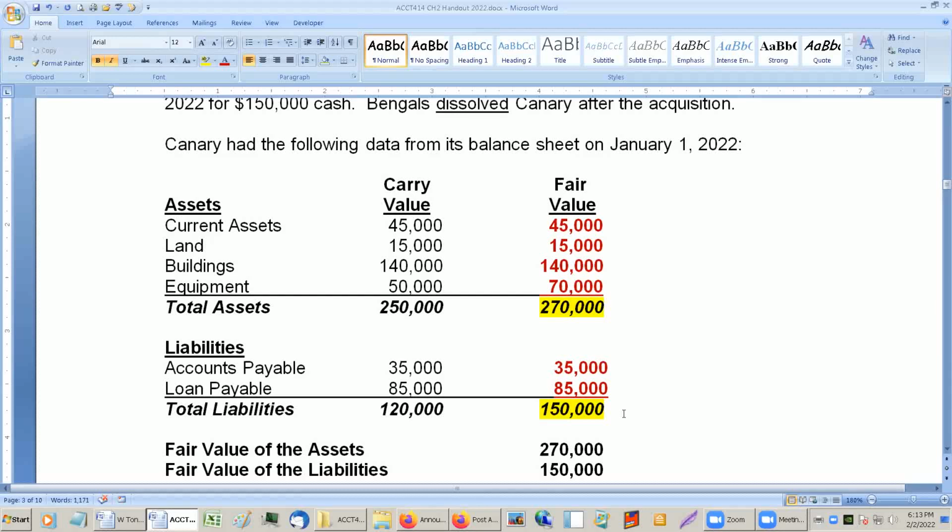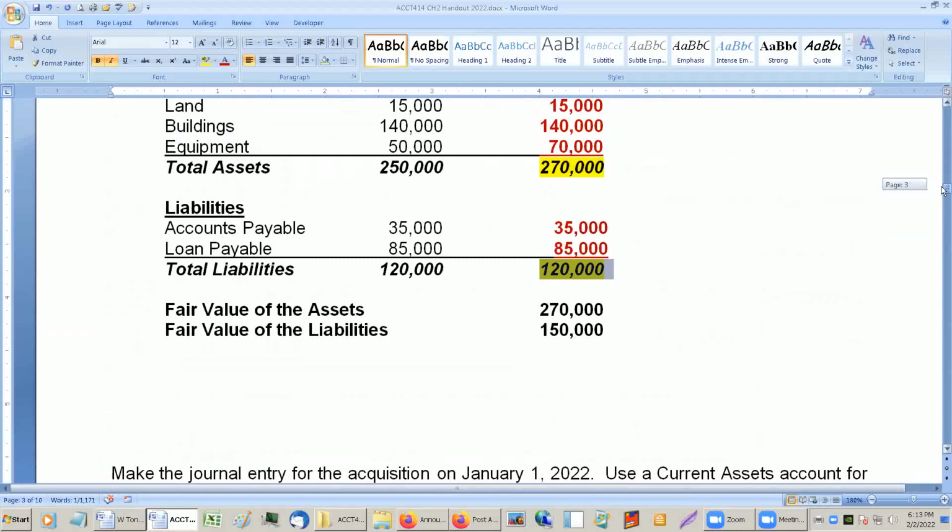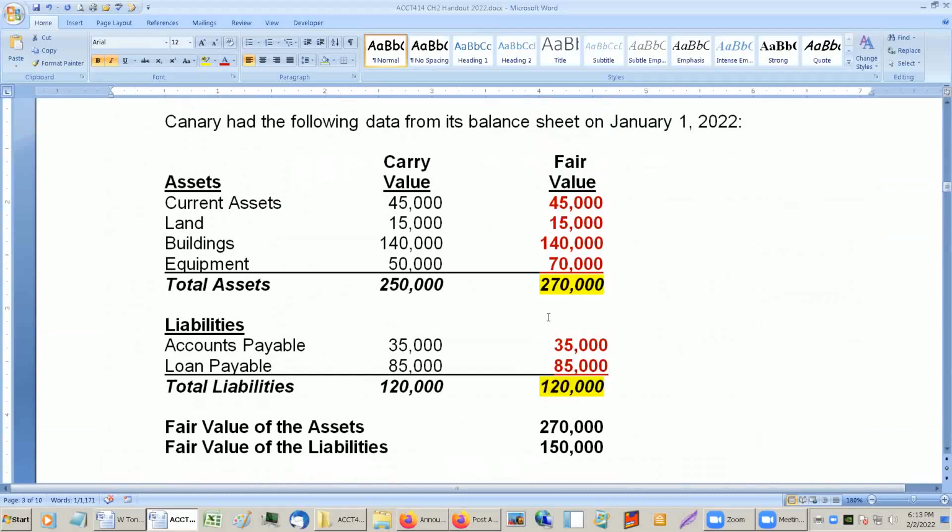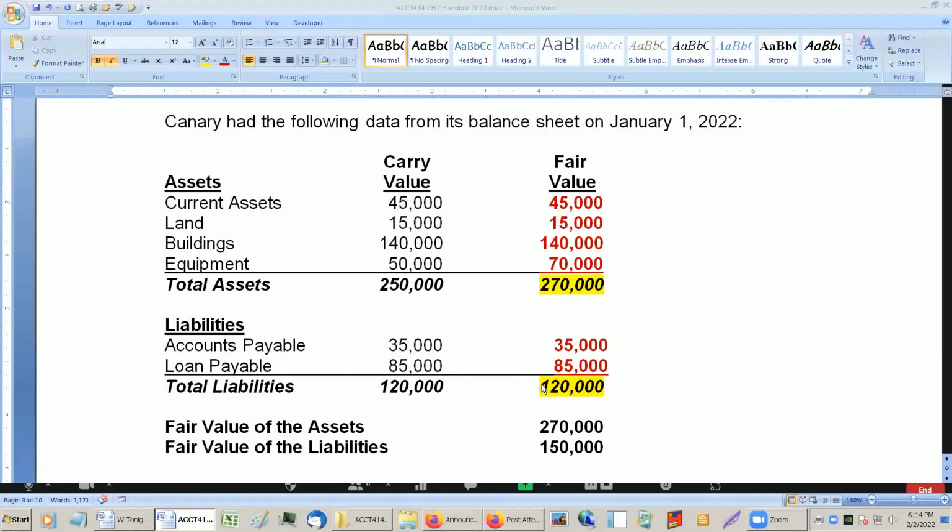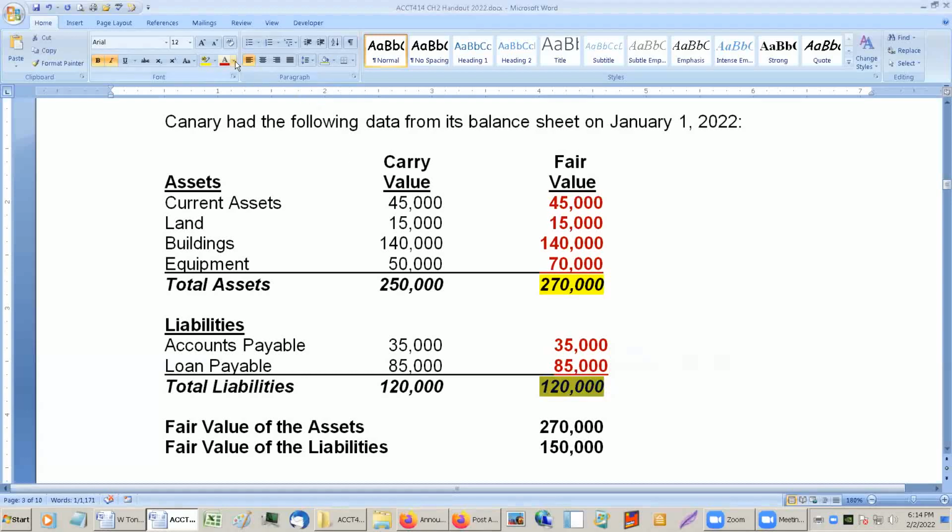the wrong number. Everybody make a change here. Change that to 120. A typo there. A stupid typo. I'm sorry, on problem 3, I stupidly put 150 in for the total fair value of the liabilities. Put in 120.